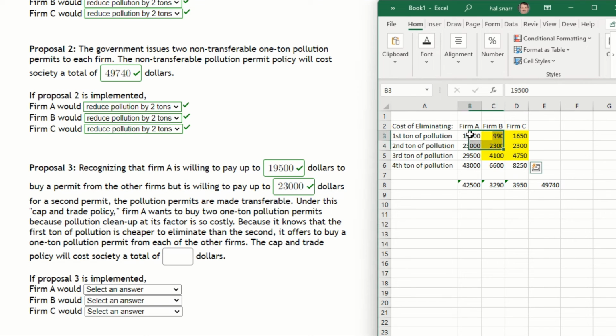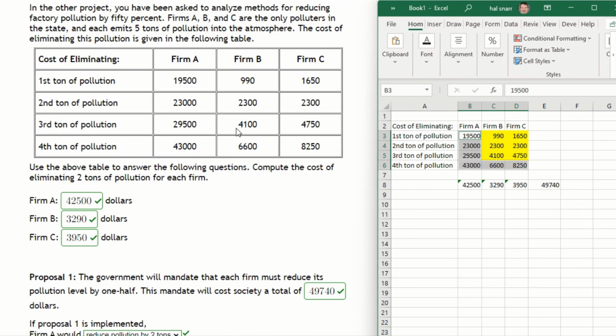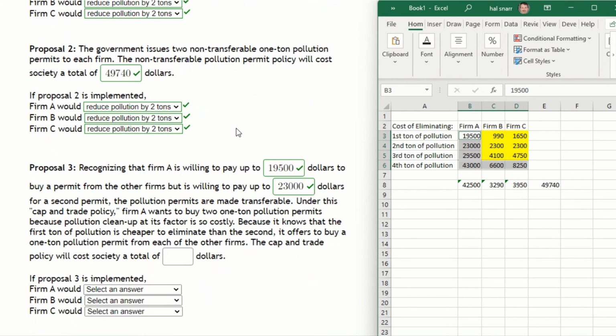So A doesn't reduce pollution at all, B reduces it by 3 tons, and C reduces it by 3 tons. So the amount of pollution that the 3 firms do in total is 6 tons. It's the same outcome as up here, only this time it's cheaper to the society.